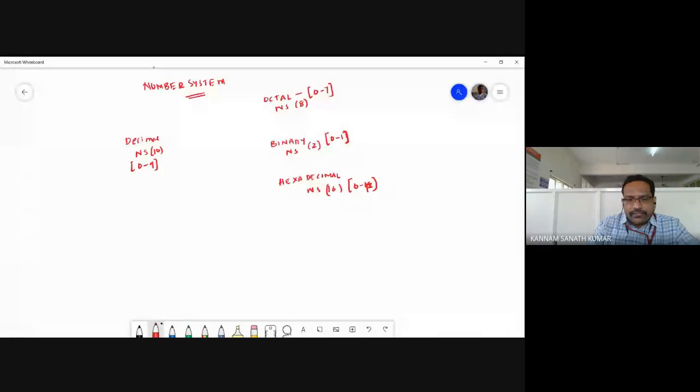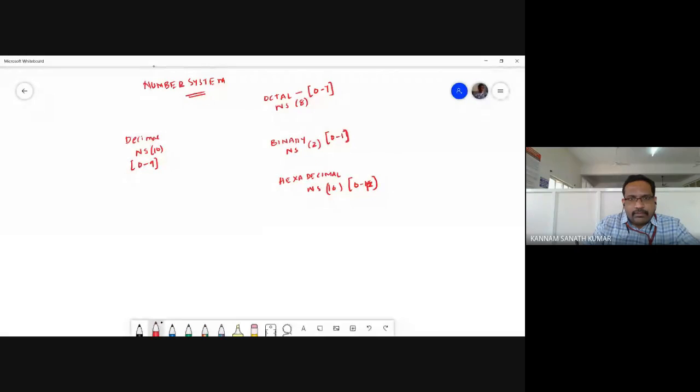Okay, so you can convert decimal to binary or binary to decimal. Decimal to octal or octal to decimal. Or you can convert binary to octal, octal to binary.